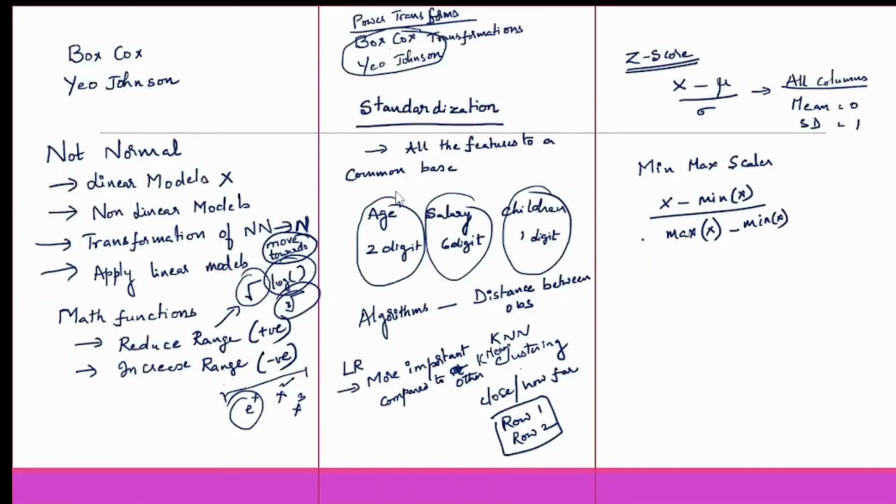So basically, the denominator is nothing but the range of the column, and the numerator is x minus the minimum. X is your individual observation. This way, for all the columns, the minimum value will be 0 and the maximum value will be 1. So here we are standardizing the minimum and the maximum values of each column.